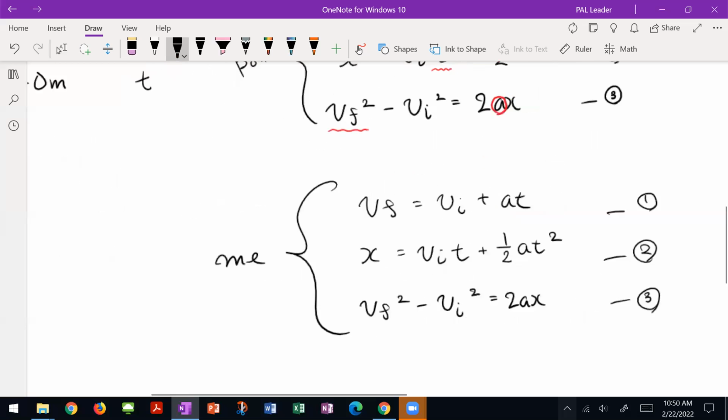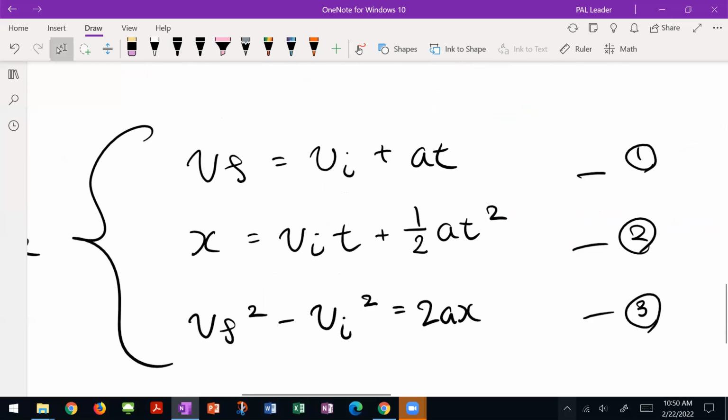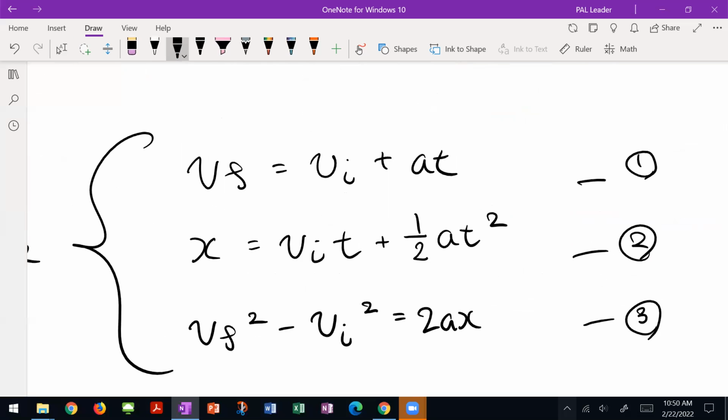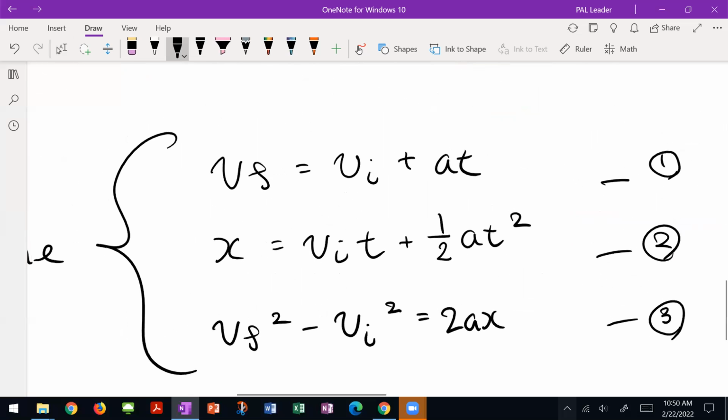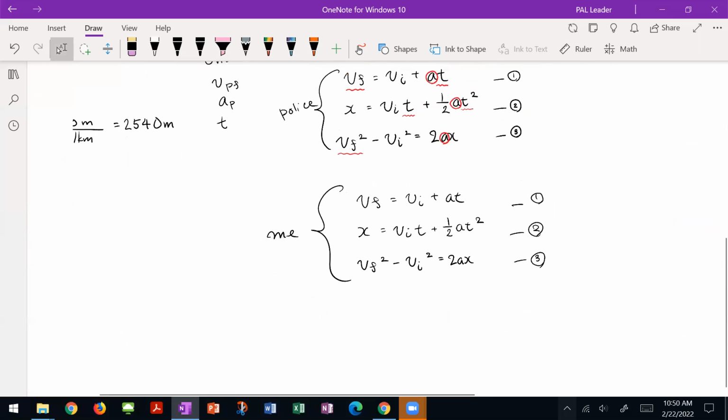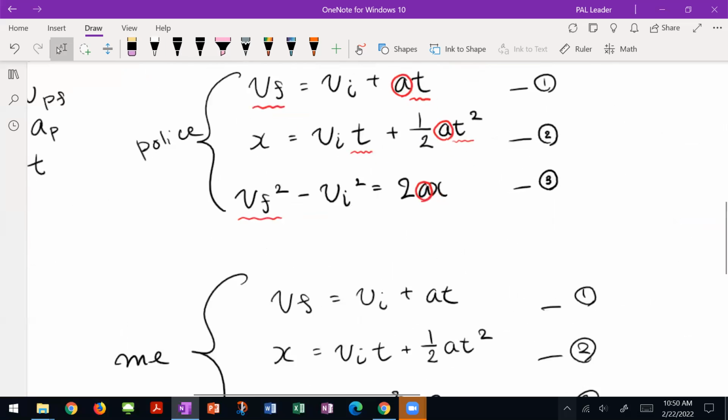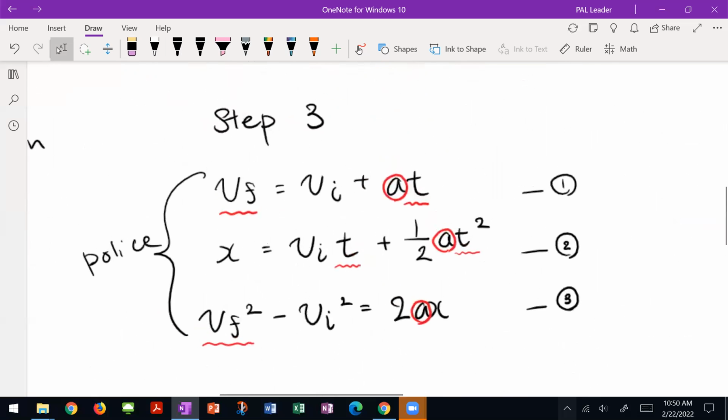Okay, so V final, we do know that we were moving at a constant velocity. So V final is the same as V initial. Were we accelerating? No. So wait, hold on. I should clarify what we are exactly looking for. Okay, that means we have to go back up here.